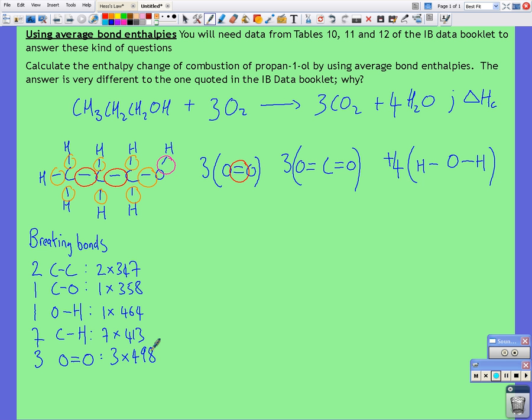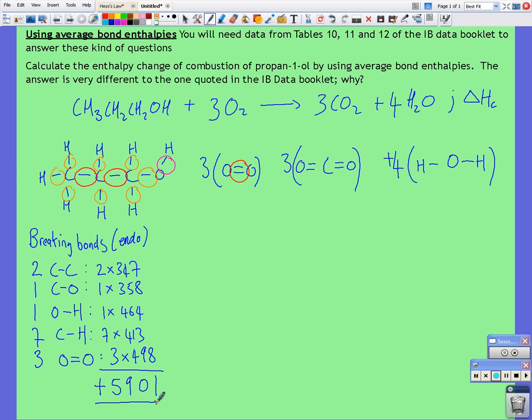Now please make sure you can find those yourself, because there are single oxygen-oxygen bonds, for instance, and double oxygen-oxygen bonds. There are single carbon-oxygen and double carbon-oxygen, so you need to choose the correct ones. Now add those all up and you get 5,901 kilojoules. And remember, bond breaking is an endothermic process, so that's a positive value.